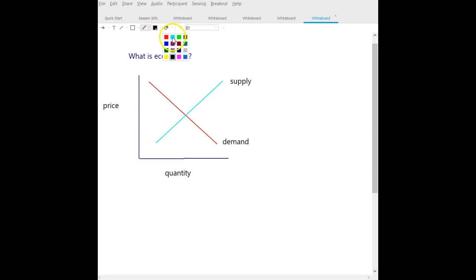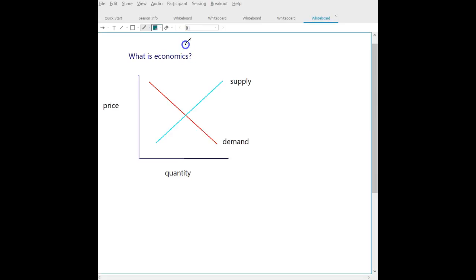So we see here that we have demand. That's the downward sloping curve, the red curve, right here. Now, this is our y-axis, and this one right here would be our x-axis.